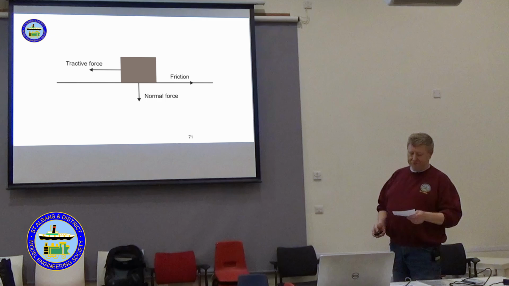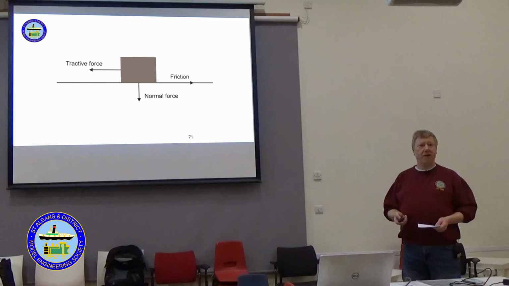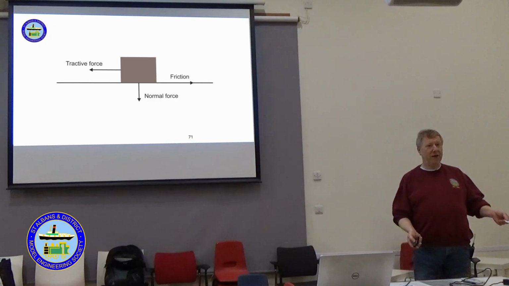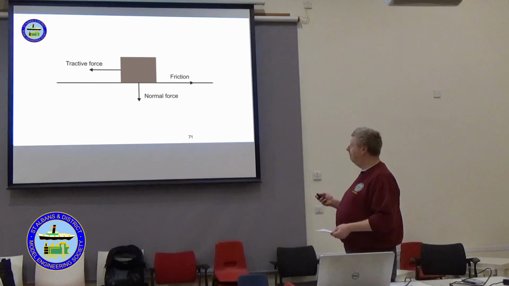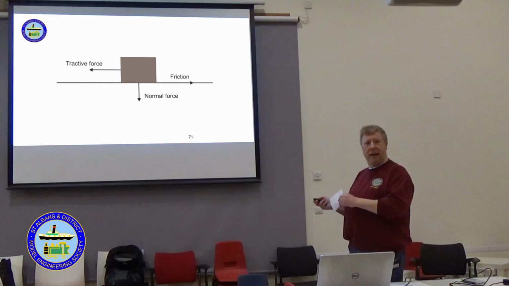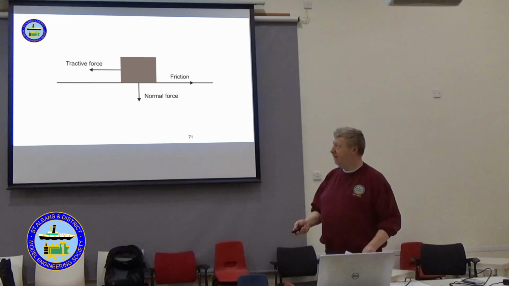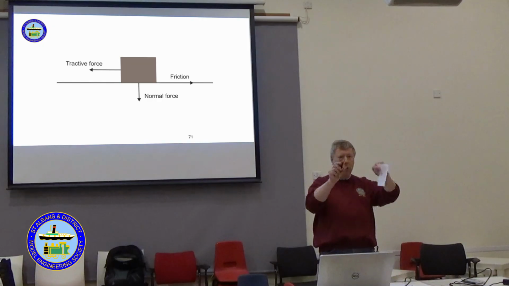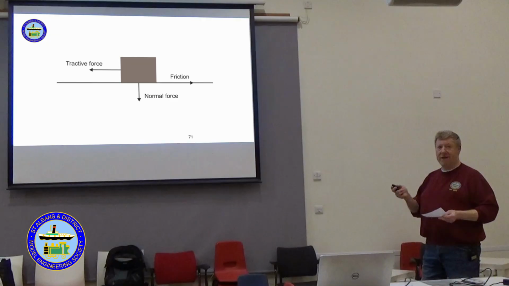So rougher surfaces have bigger coefficients of friction. Smoother surfaces have lower coefficients of friction. Double the friction coefficient, you get double the friction. Double the weight, you get double the force as well. So that effectively gives you two knobs you can twiddle, if you like, to manage your tractive effort.